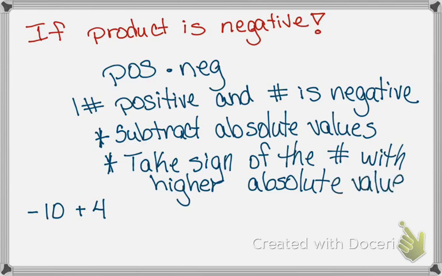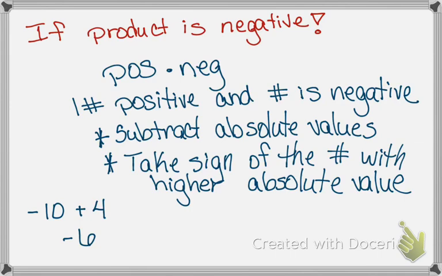So in -10 plus 4, what is my answer? Why negative? Because the 10 is negative and has a higher absolute value. So my answer to this is -6. The reason that it's negative is because my -10 has the higher absolute value. It is further from 0.